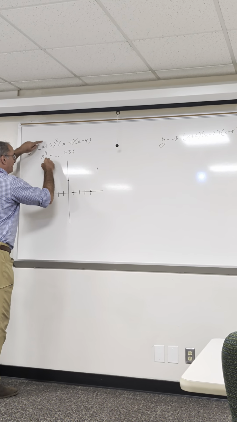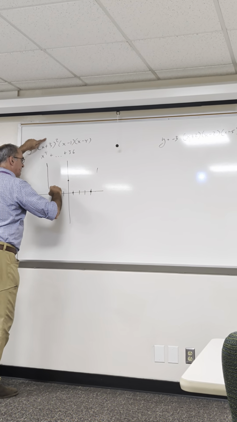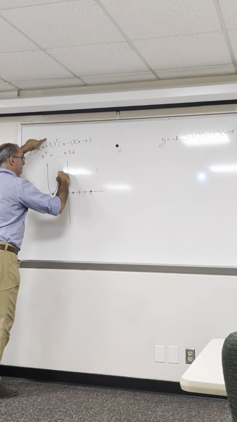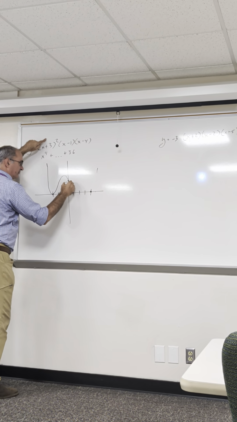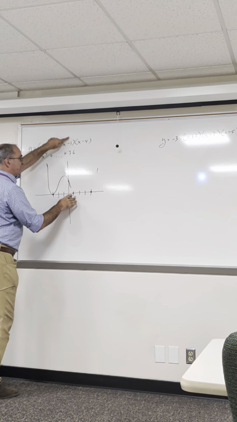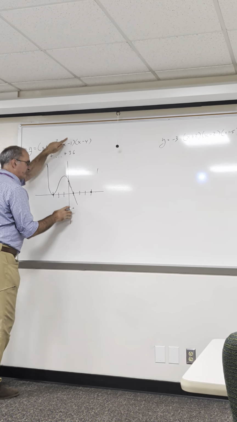I start high. This is a squared term, so this is a bounce. It's got to turn back around, go through here, and it's coming up to this term. That's a single term, so that is a pass-through.